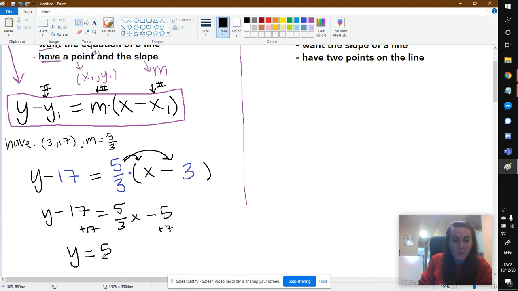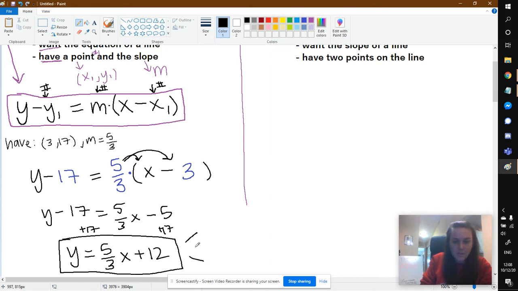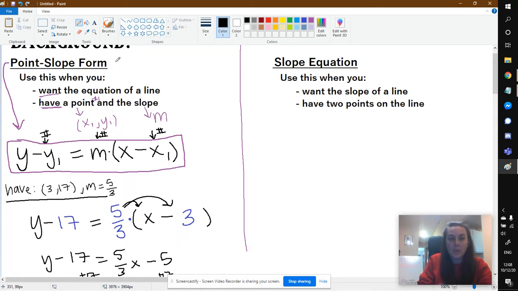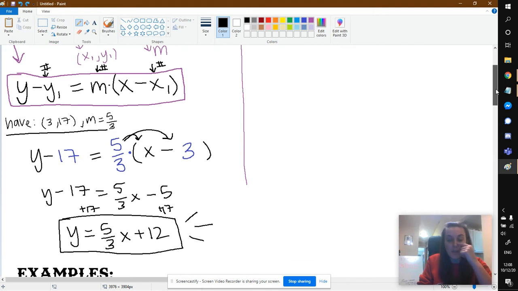And we would get our equation is y = 5/3 x plus 12. And this is how we got our equation, starting with a point and a slope, right? We used point slope form because we wanted the equation and we had a point and a slope. We'll get more practice with that down in the examples.